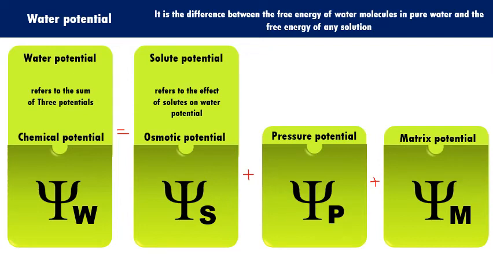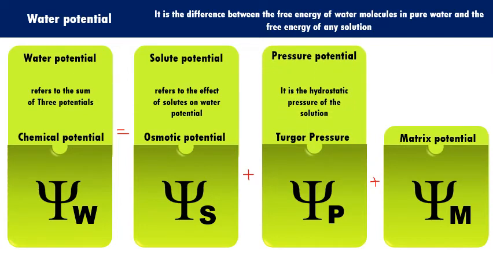Then what is pressure potential? As we know, the plant cell is composed of two very important protective layers. One is the outermost cell wall, which is a rigid, non-living structure of the cell, and inside that there is the plasma membrane.